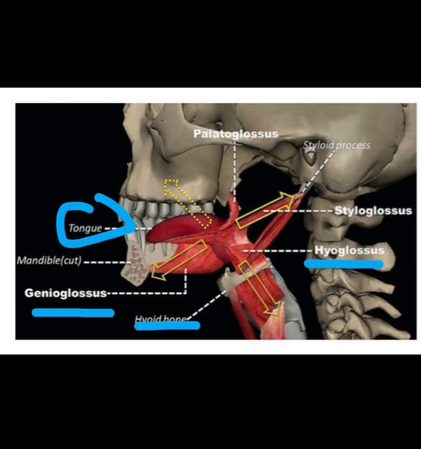The third muscle is the styloglossus muscle. Tongue is attached to the styloid process with the help of the styloglossus muscle. And the last muscle is palatoglossus muscle. The tongue is attached to the palate with the help of the muscle known as palatoglossus muscle. Okay, so remember all these 4 muscles and their attachment points.